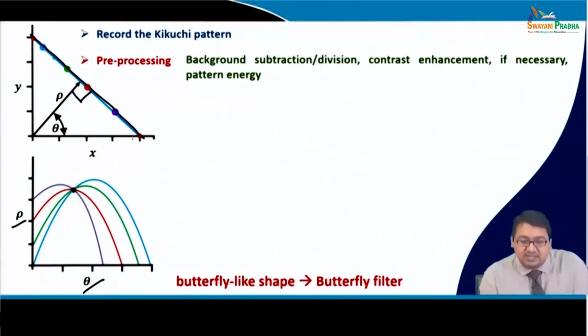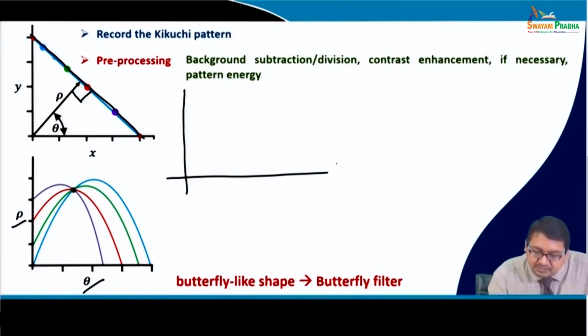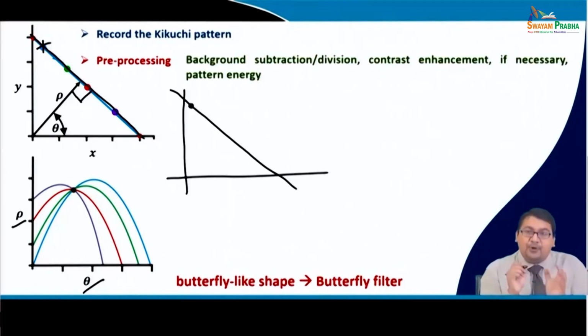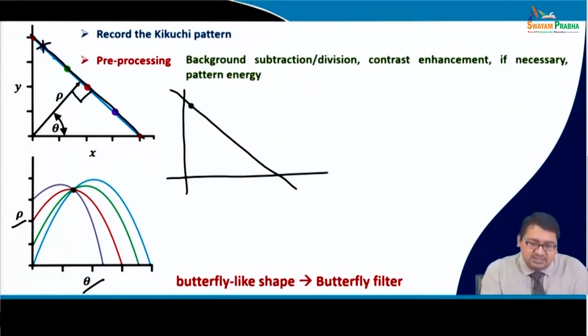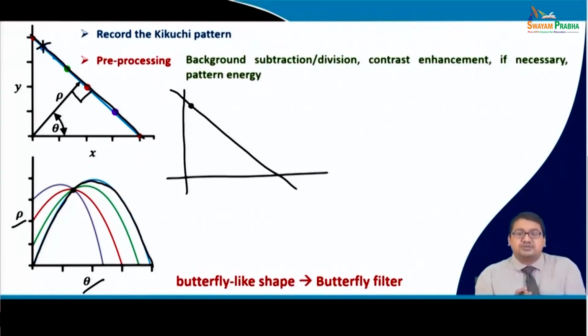However, you see, if we draw a band like this, and let us take a point in the band. A point in a band of the Kikuchi pattern space is converted into a sinusoidal curve in the Hough space.